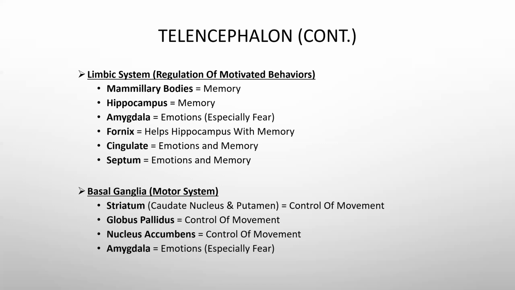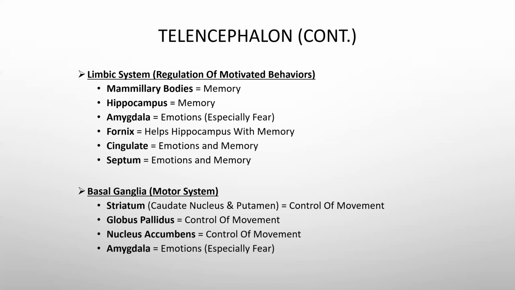And so striatum consists of the caudate nucleus and putamen. Globus pallidus, control of movement. Nucleus accumbens, control of movement. And then again, the amygdala, emotions, especially fear.